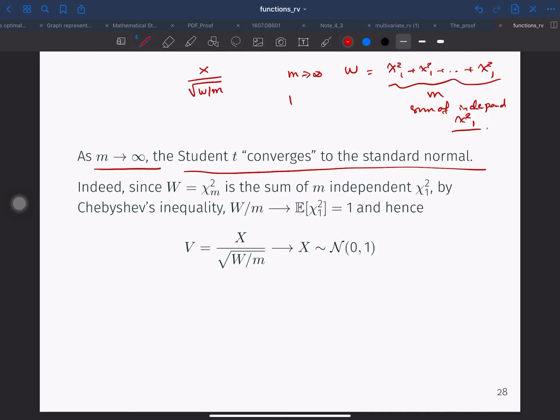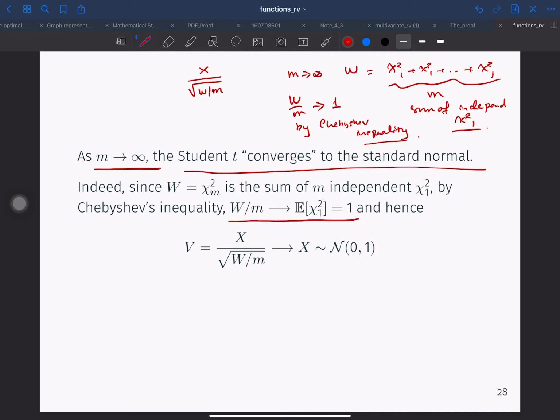So therefore, W divided by m will converge to 1 by Chebyshev inequality, because that's a sample mean definition.